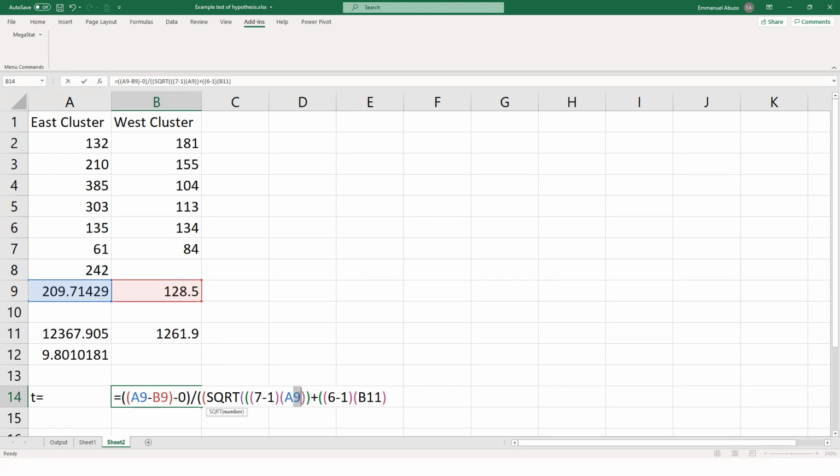Okay, close. These whole terms would be divided by n sub 1, which is 7, plus 6 minus 2.